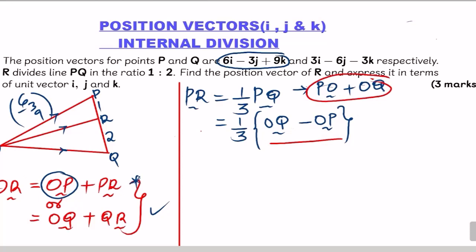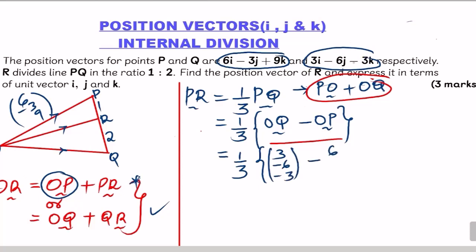So let us proceed. This will give 1 over 3 of OQ, the position vector for Q, written in column form as 3, negative 6, negative 3, subtract OP, which is 6, negative 3, 9, extracting the coefficients of i, j and k.